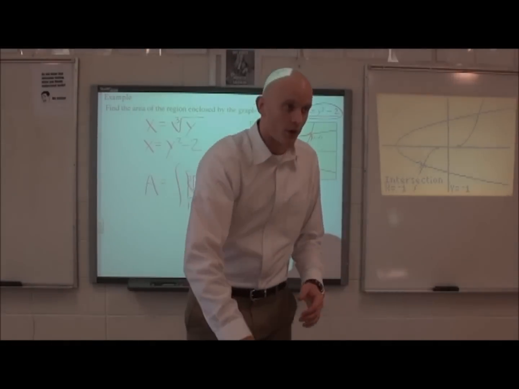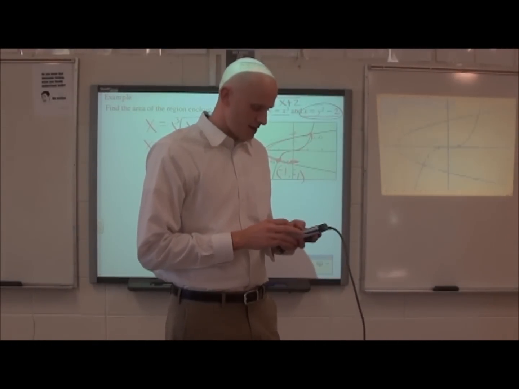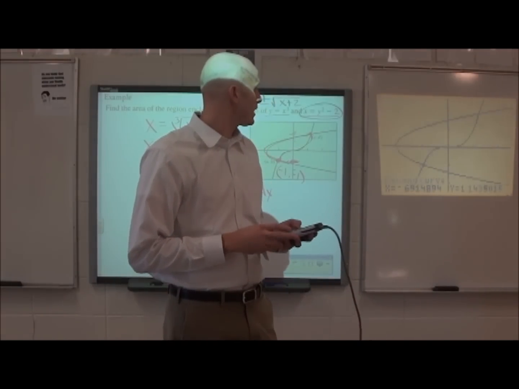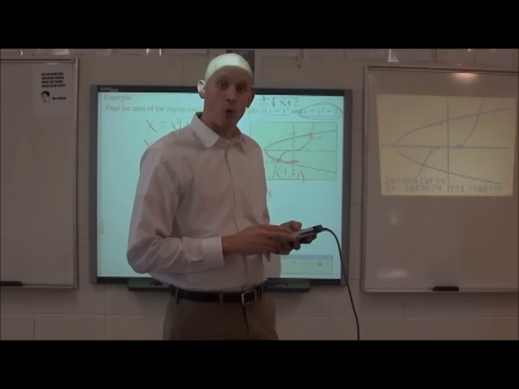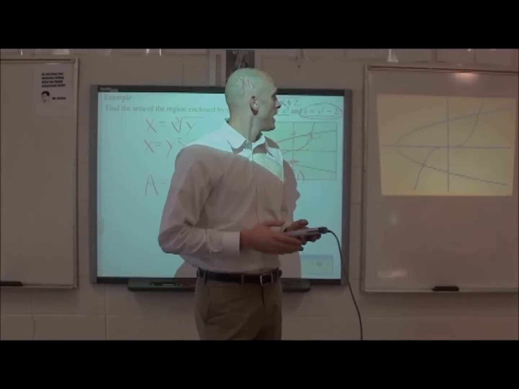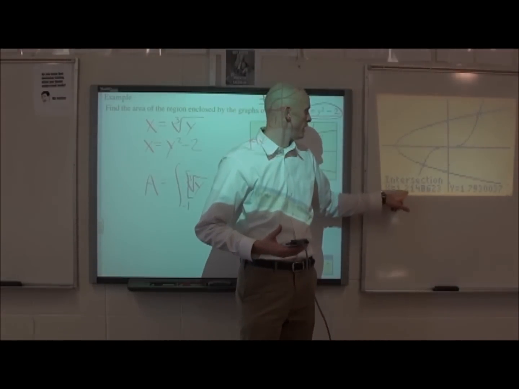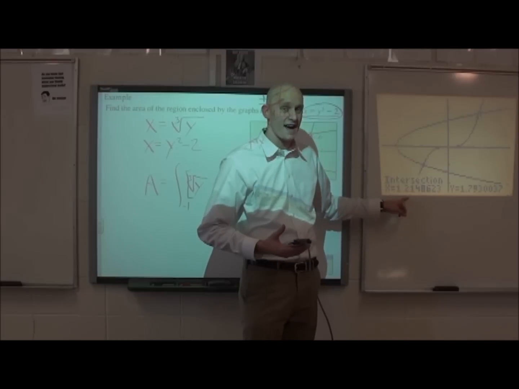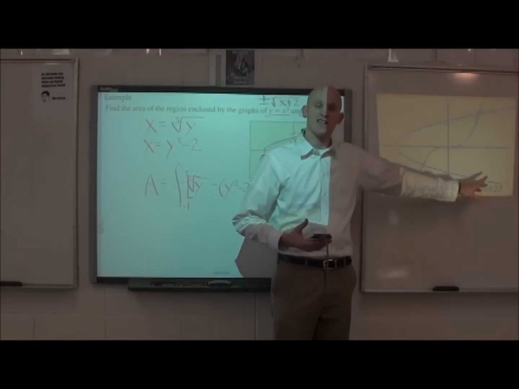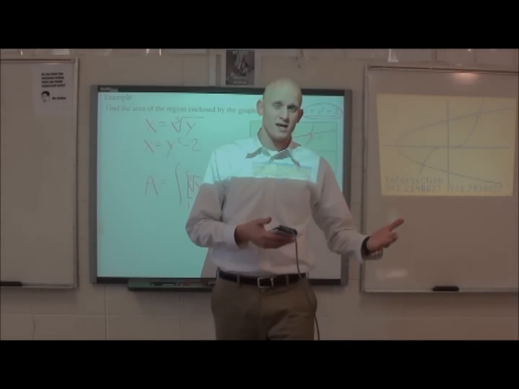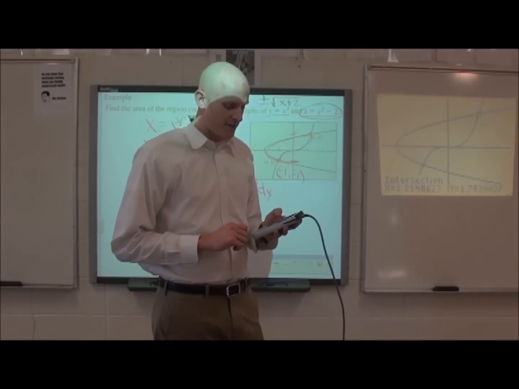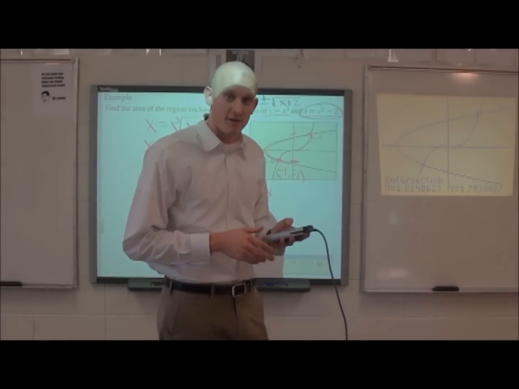Now we need to find the upper value. We will do second calculate, intersection. Our first curve is the cubic, second curve is the quadratic, and we can guess by just getting it close. And we come up with a value that is 1.21 on the x, but we're looking for the y coordinate, 1.793. It's a decimal approximation, so just as we did previously, you want to store that in the calculator, 1.7930037.